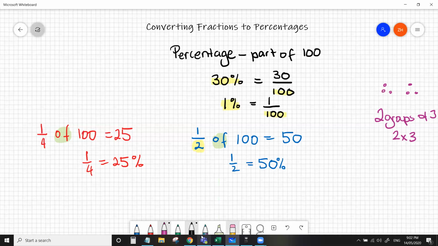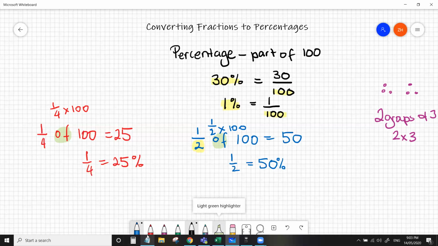The same thing applies to fractions. If I say I want 1/4 of 100, what I'm actually saying is I want 1/4 times 100. Or if I'm saying I want 1/2 of 100, I'm really just doing 1/2 times 100. So "of" and "times" are used interchangeably in maths.